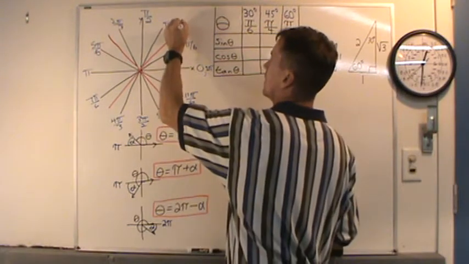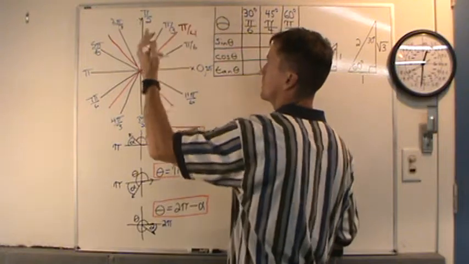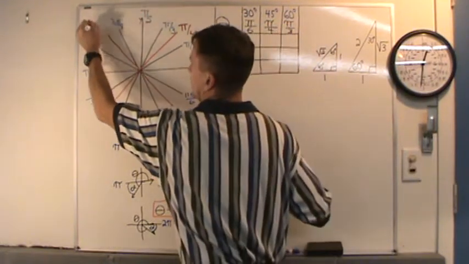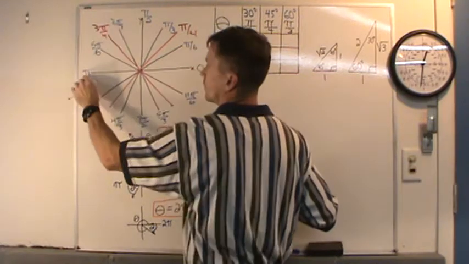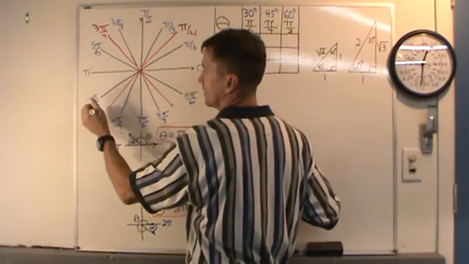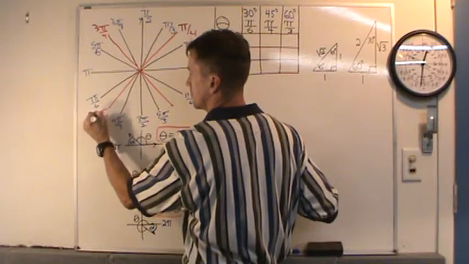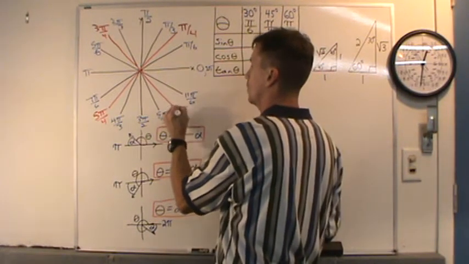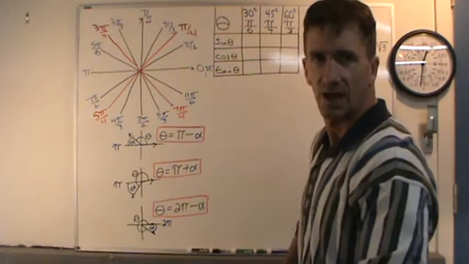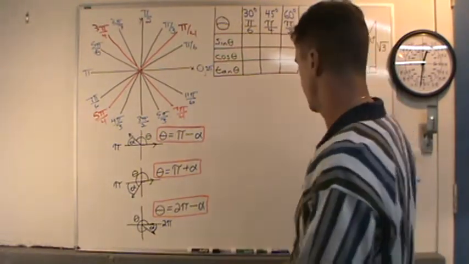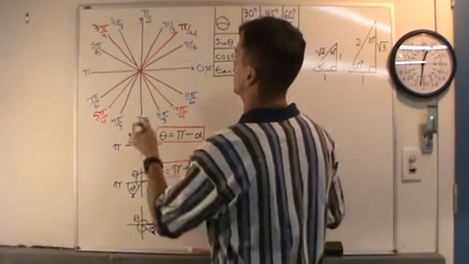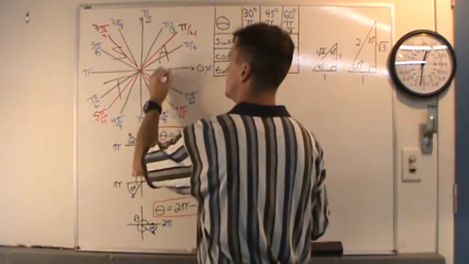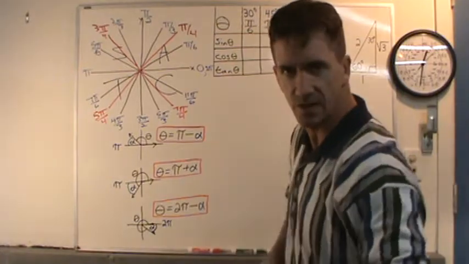Alright, pi over 4, that's 45 degrees. 2 pi's over 4 is pi over 2. 3 pi's over 4. 4 pi's over 4 is pi. 5 pi over 4. 6 pi over 4 is 3 pi over 2, and 7 pi over 4. Alright, that's going to be really helpful knowing this stuff. And might as well just write A, S, T, C for All Students Take College Algebra.